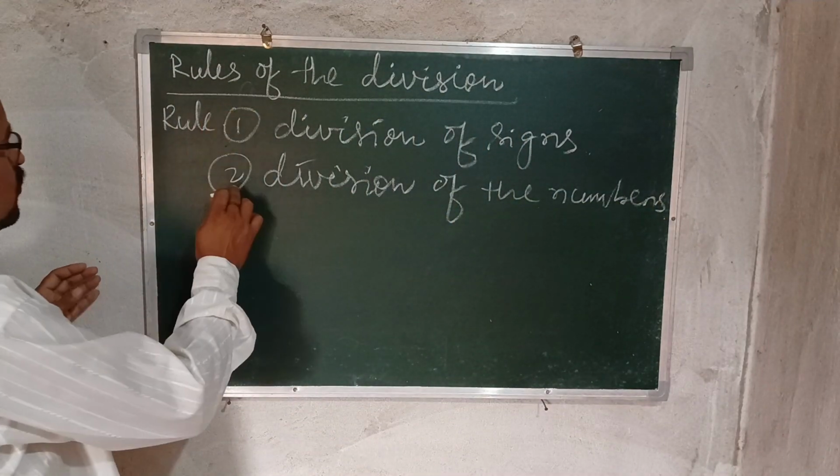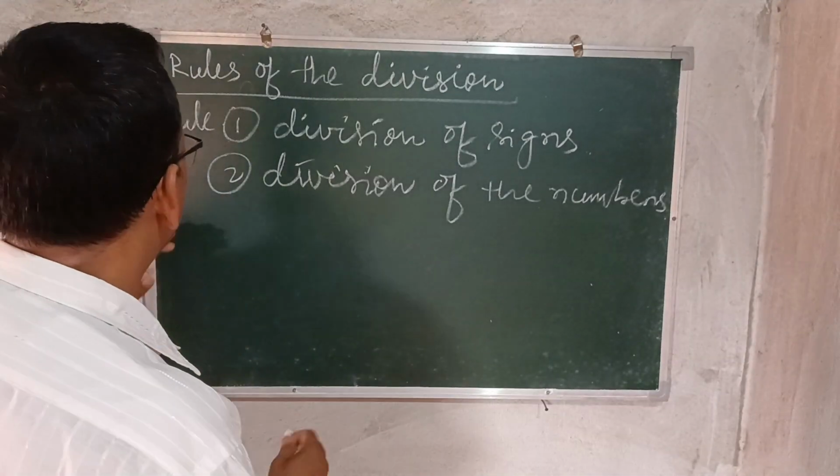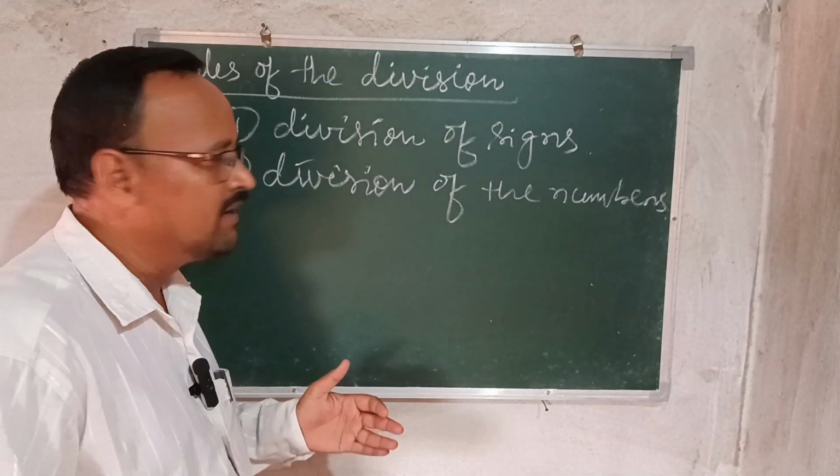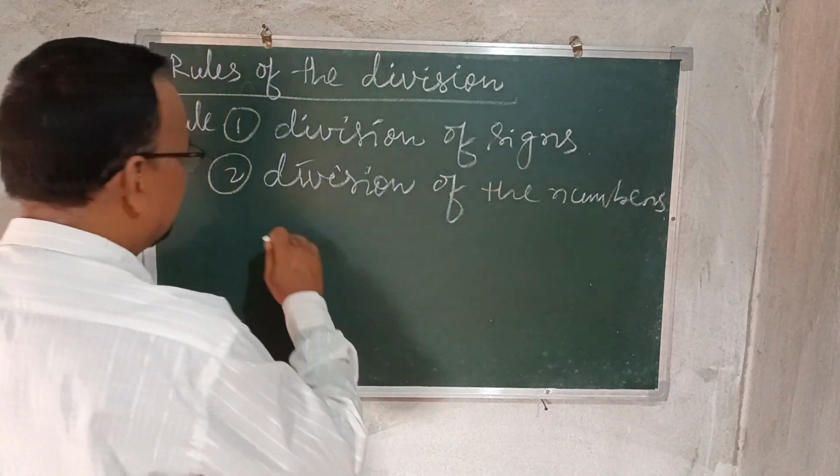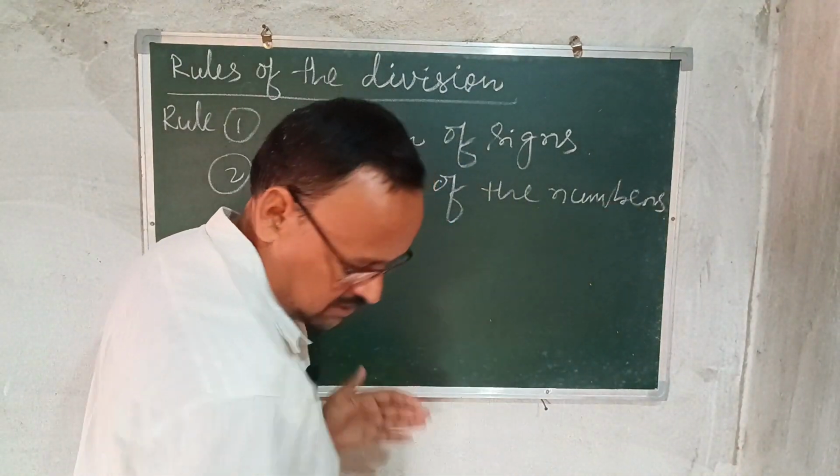So there are two rules for division: first, division of the signs, then division of the numbers. When we are dividing two numbers, first we divide the signs, then we divide the numbers.